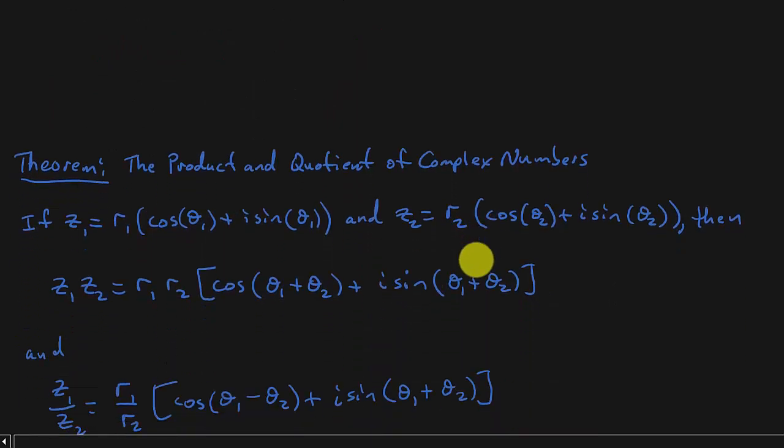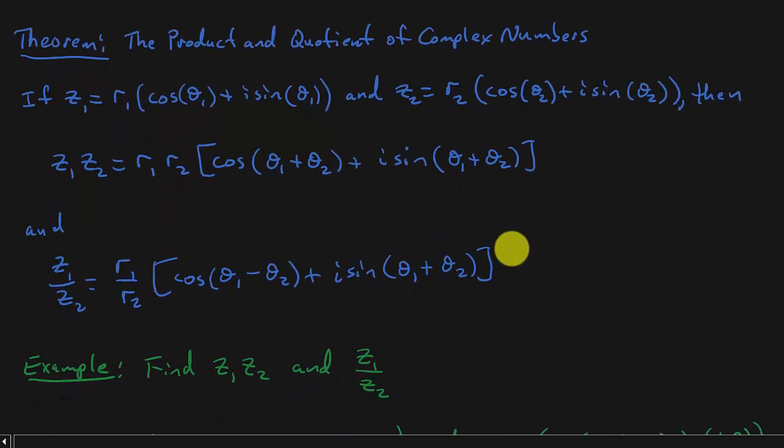All right. Now, what about multiplying and dividing these things? Let's take a look at that. So the product and quotient of complex numbers. If we have complex numbers in trigonometric form, so if z1 is equal to r1 times cosine theta 1 plus i sine theta 1, and z2 is equal to r2 times cosine theta 2 plus i sine theta 2, then z1 times z2, I'm multiplying these together.